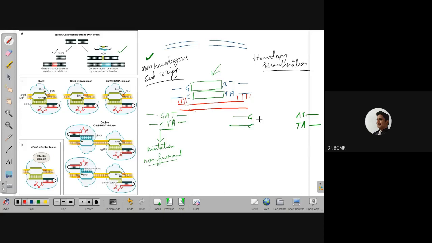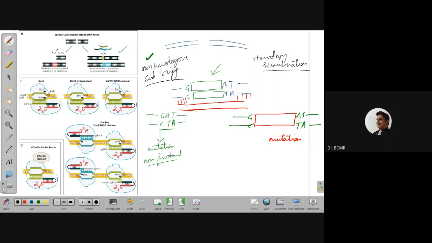And this region will get incorporated into it. So this is also a mutation, right? There was something else before, and now you have a change in nucleotide sequence, and that is a mutation.